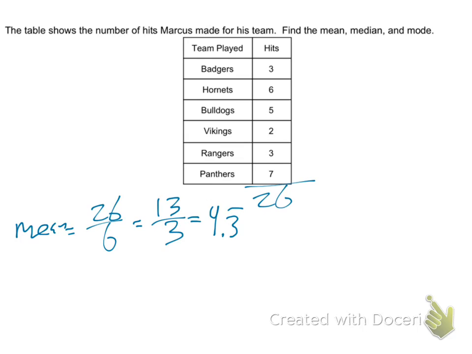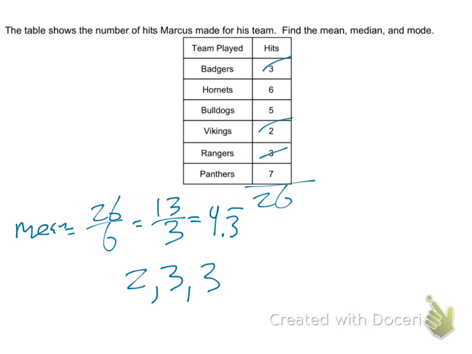Now, the next two things, guys, median and mode, it only makes sense to take the numbers and put them in order. So that's what I'm going to do. Watch how I do this, guys. I look for the smallest number. The smallest number is a 2. Then I go through and cross off the box. The next one is a 3 and another 3.